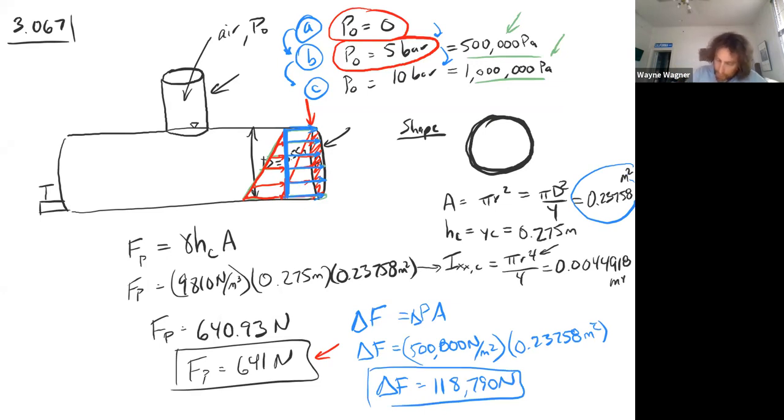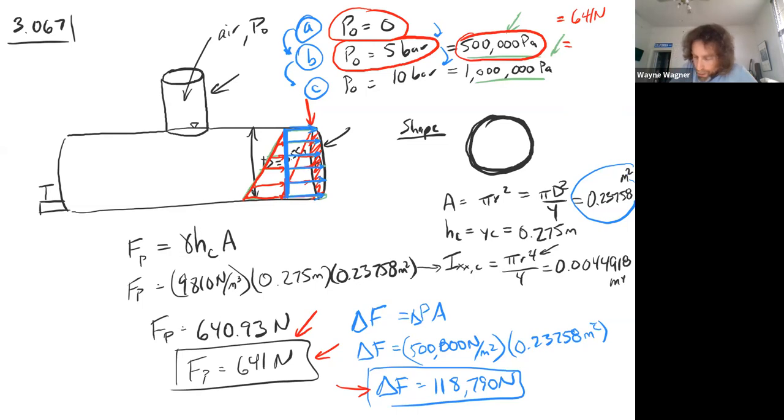So in other words, my answer becomes, in the first case, 641 newtons. In case B, it's now increased by this much because I added this much pressure. If I add 641 to that, which I can do, it seems a little silly because it's so small.